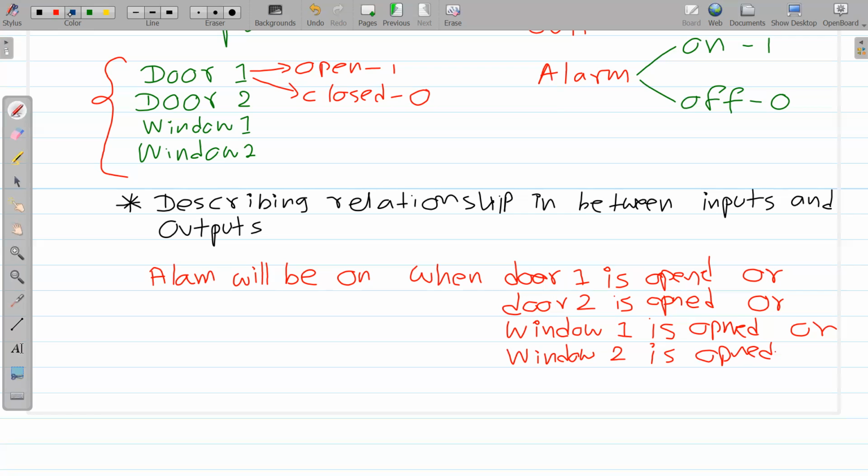So I indicate alarm by A, door 1 by D1, door 2 by D2, window 1 by W1, and window 2 by W2.